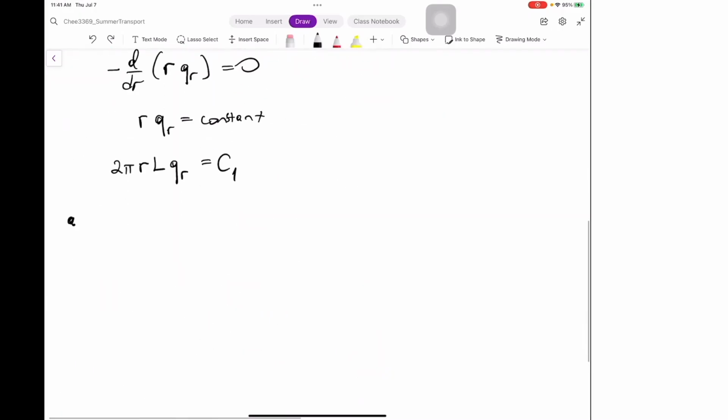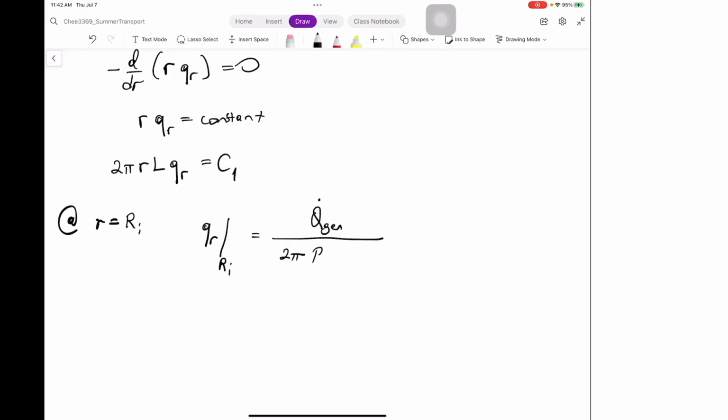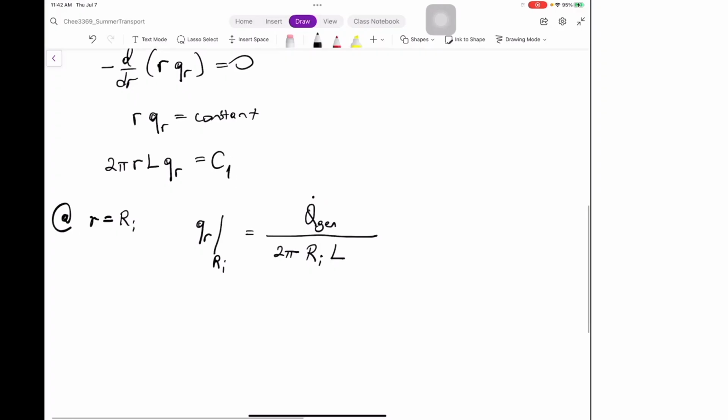And you can say at R is equal to Ri, the flux QR at Ri is nothing but whatever is being generated within the waste, Q generation, divided by the inner surface area, 2 pi Ri L.